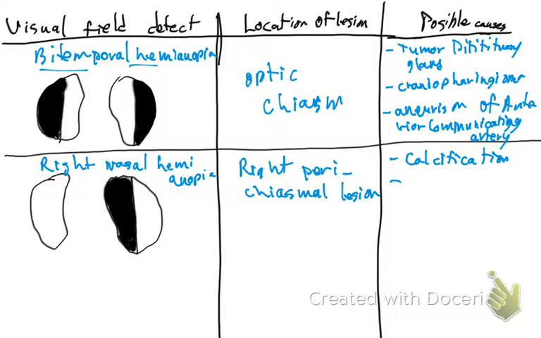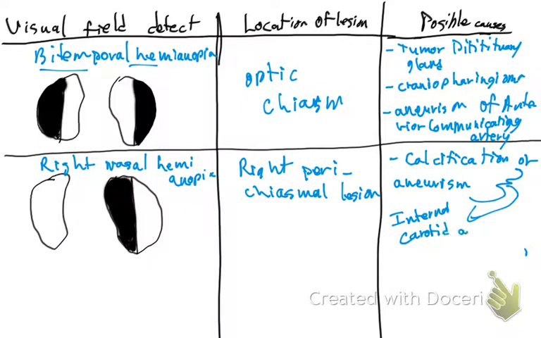So calcification or aneurysm of the internal carotid artery. Got it? So now do we have more causes?